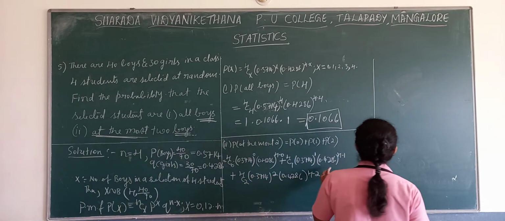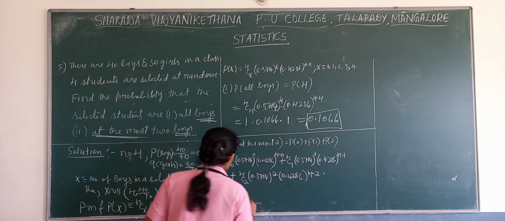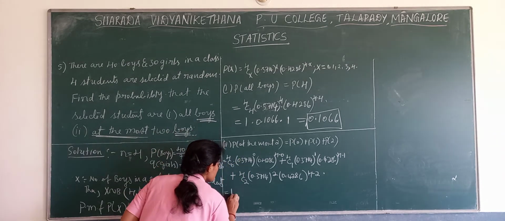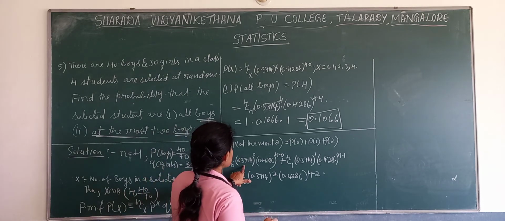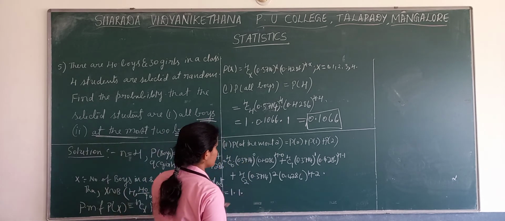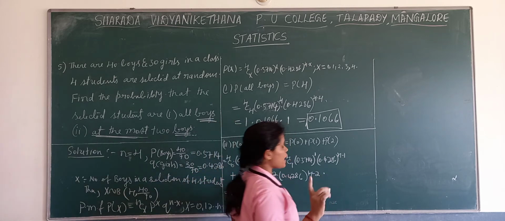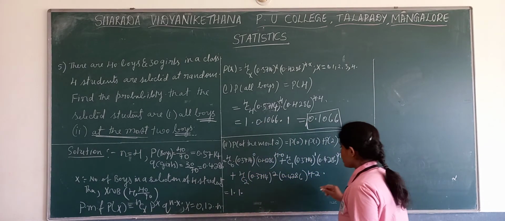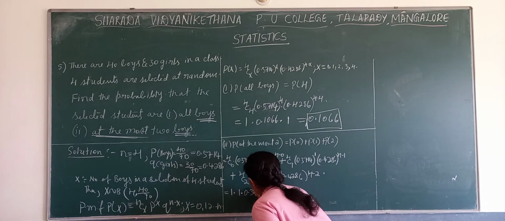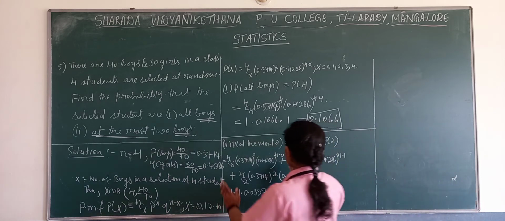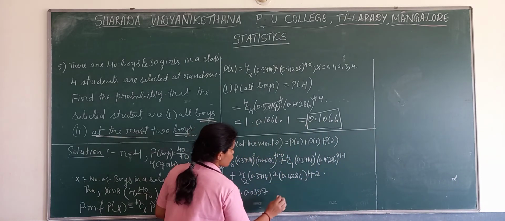Now first one, 4C0 means value is 1, into 0.3714 to the power 0, that's also 1, into 0.4286 to the power 4, there we get 0.0337. That's P of 0.